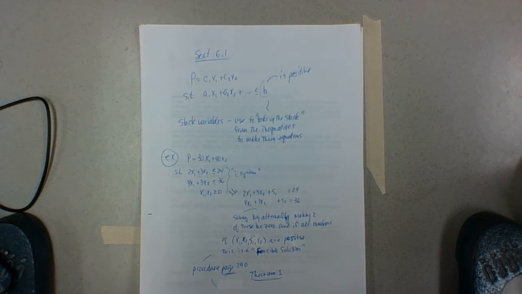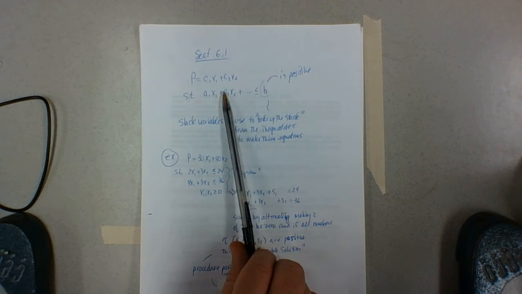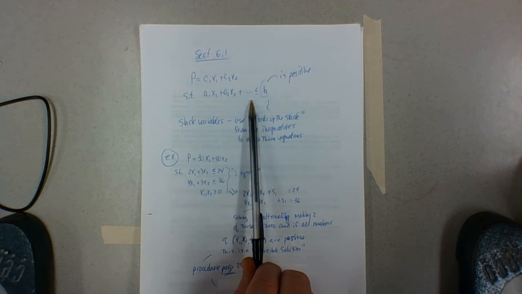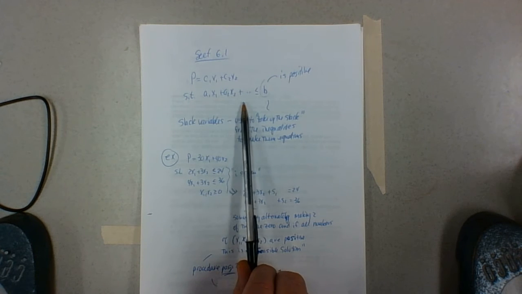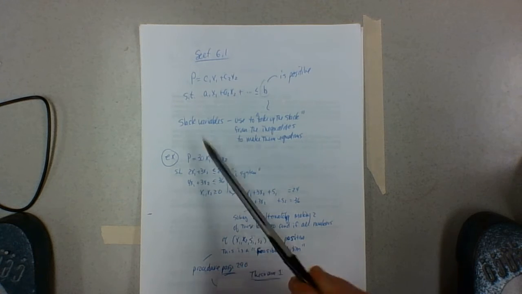Here you see I prepared a couple of pieces of paper where I took some notes from section 6.1, and what we got out of section 6.1, hopefully, is the definition of what we would call a standard maximum problem or a standard maximization problem.